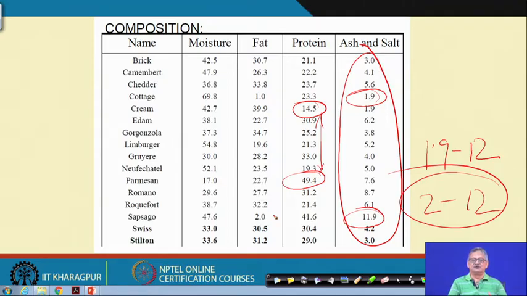Minerals, or what we call the ash content. Such wide variation of the composition in terms of moisture, fat, protein and minerals is only possible in cheese. You will not see such wide variation in composition in many other commodities, but the product is the same, cheese.